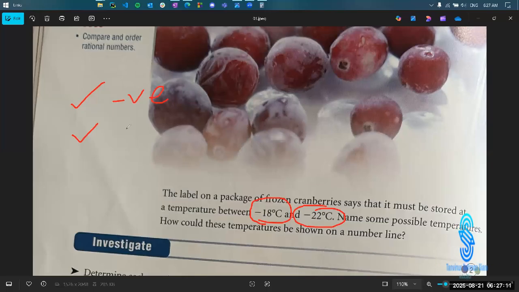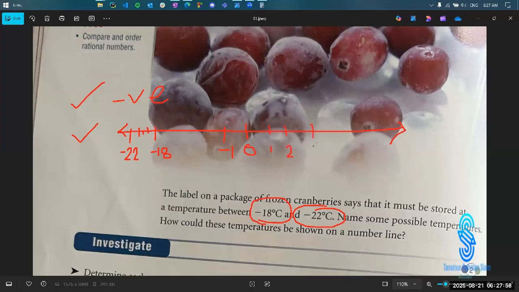If we draw a number line, with arrows on both ends and the point 0 here, the negative numbers go to the left: -1, then further left -18, and here can be -22, with some points in between. And on the right side the numbers will be positive.